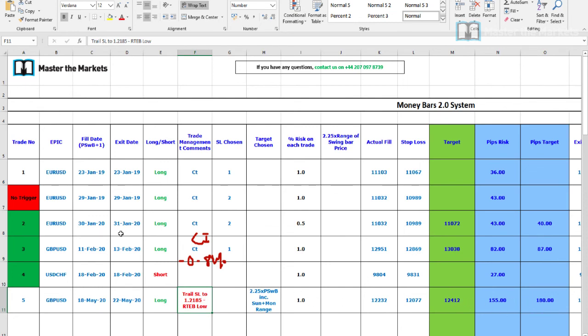So again, a very small loss there too, of minus 0.32%. So if you were to add that all up together, we have a small loss this week of minus 1.21%.